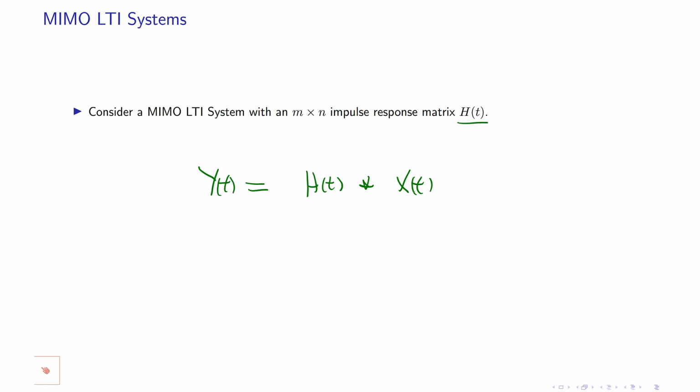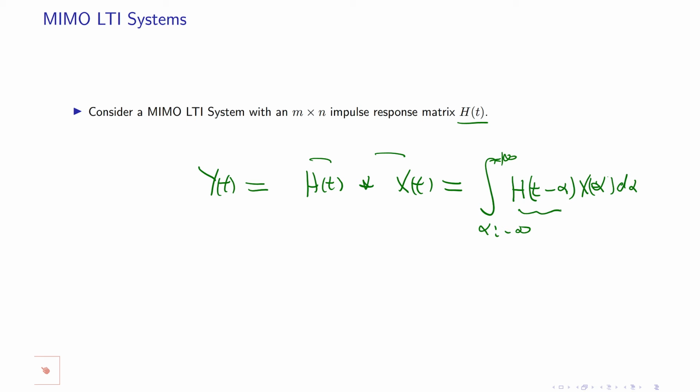Remember that you cannot change the order of this one and this one. So this is written as a convolution of this matrix h of t minus alpha, x of alpha, d alpha, where alpha is a dummy variable, and alpha varies from minus infinity to plus infinity.